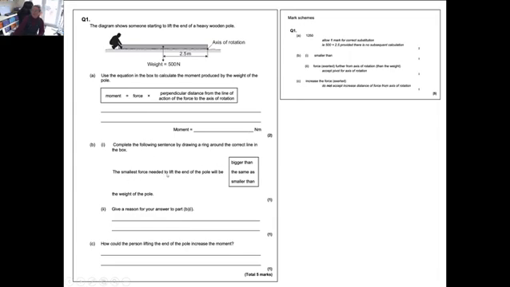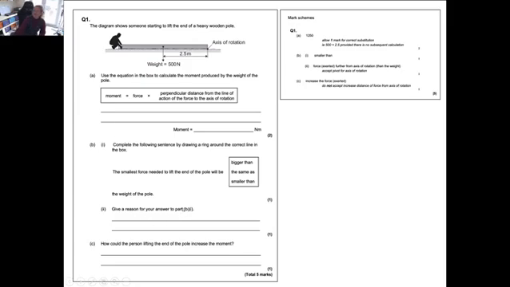So the smallest force needed to lift the end of the pole is going to be smaller than the weight of the pole. If you think about it, if he's going to lift at this end, which is a long way from this point of rotation, then to create the same moment, he is going to have to apply a much smaller force.